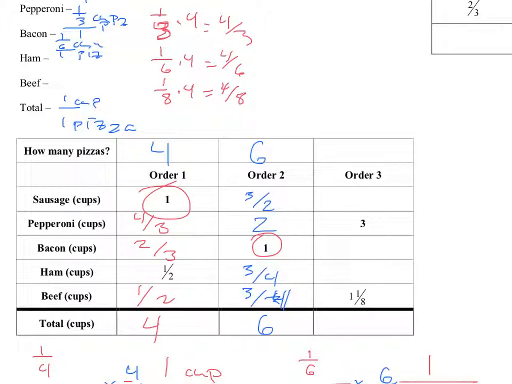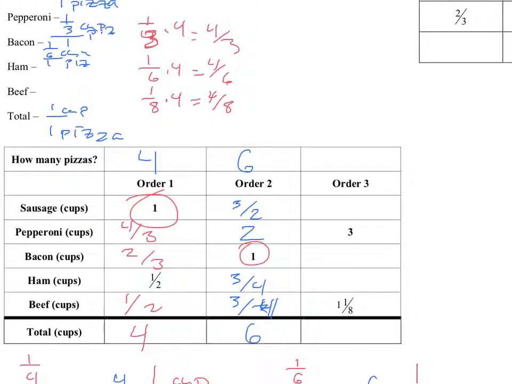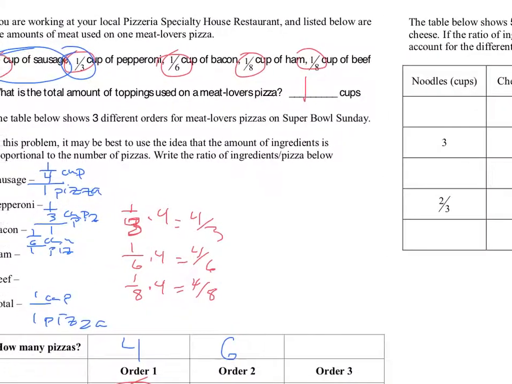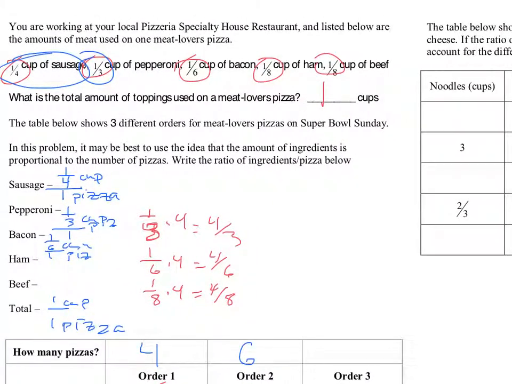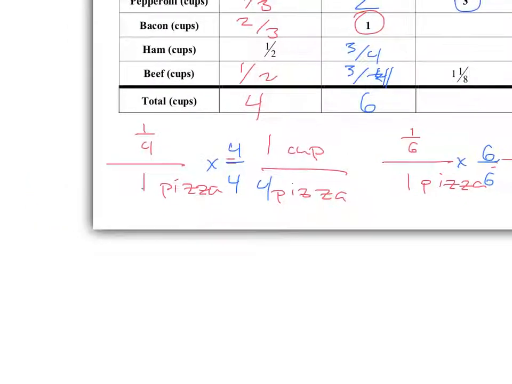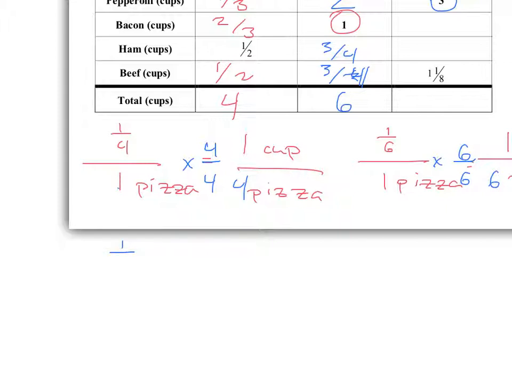For order number 3, when we look over here at order number 3, we are given that there are 3 cups of pepperoni. So I'm going to come to my relationship on the pepperoni. And I know that there is 1/3 per pizza on the pepperoni, and I need to get it to 3 cups.